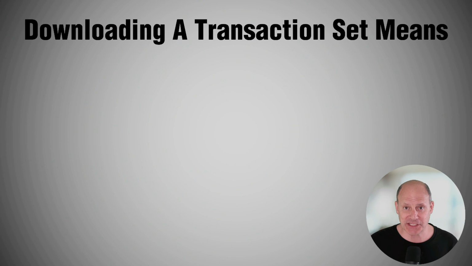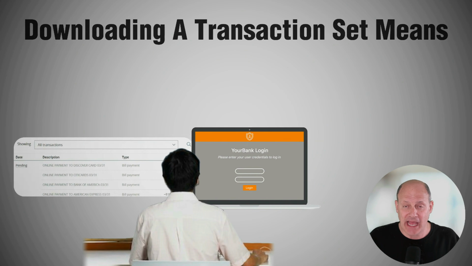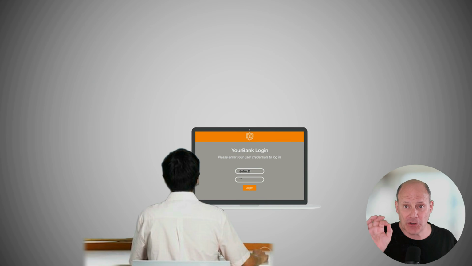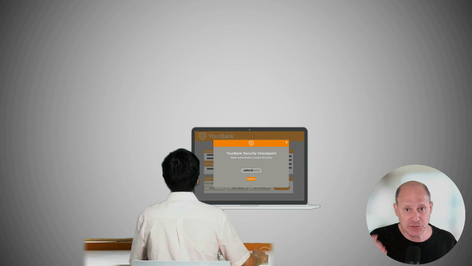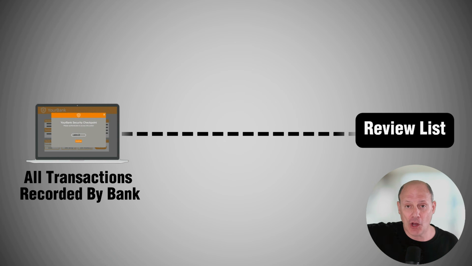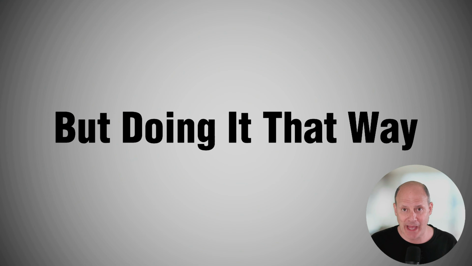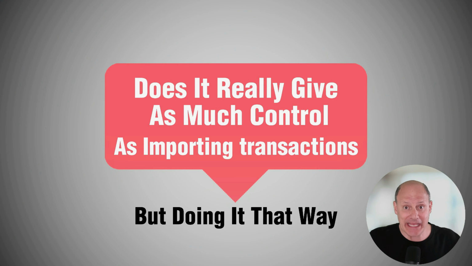Downloading a transaction set means that you're looking at the review list and you click and sign into your bank from the review list window. And once you do that, all the transactions that the bank recorded go directly from the bank into your review list. But doing it that way doesn't really give you as much control as importing transactions.